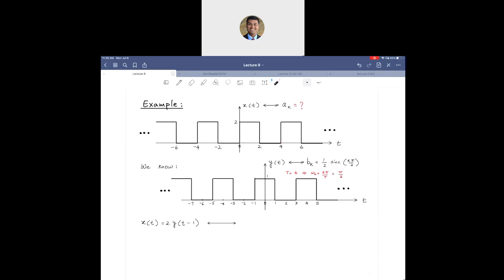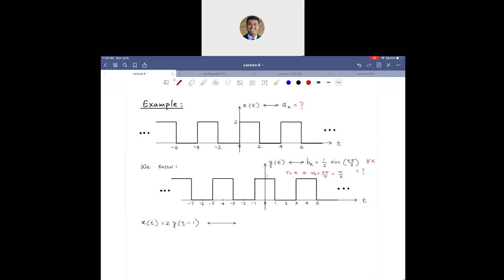That is why I'm considering this pulse train to have those numbers for t1 and T. And if I use those numbers, I get b sub k, the Fourier series coefficients of this signal, as half sinc k pi over 2, for all k. Do you agree with this?